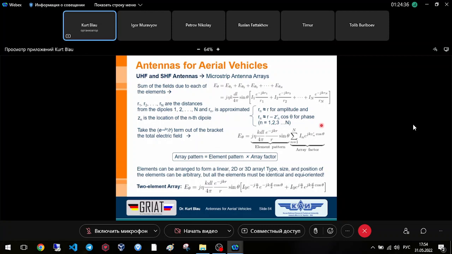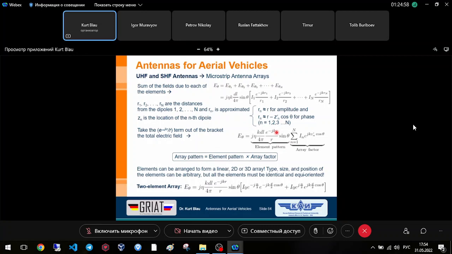It's clear that we are talking about a far field. So we look at this formula, and this part describes the element pattern of the single element, namely our Hertz dipole.